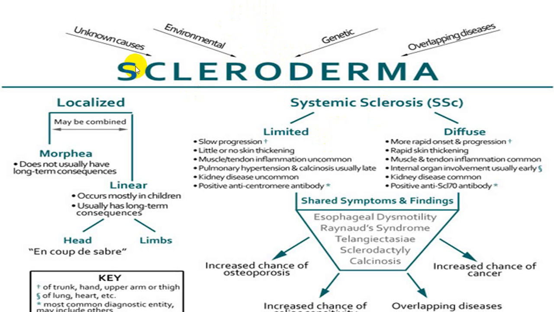So in scleroderma, very commonly the etiology is not known. There are some environmental factors, there is a genetic factor, and there may be overlapping disease like rheumatoid arthritis, SLE, or even polymyositis. You can have a localized variety like morphea or linear variety, and systemic sclerosis, which can be limited or diffuse variety.